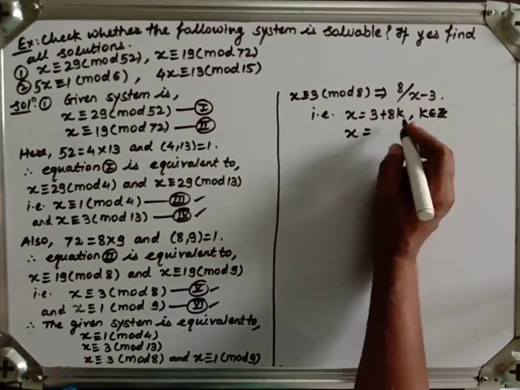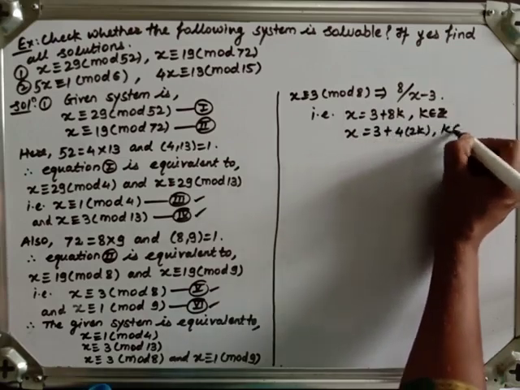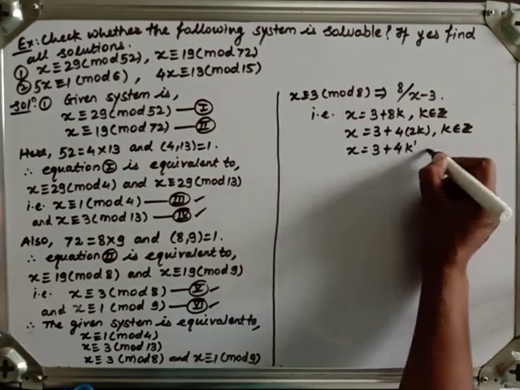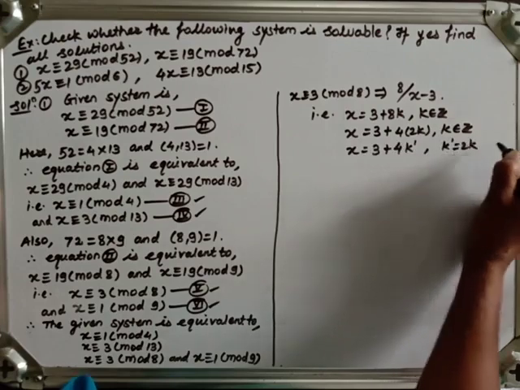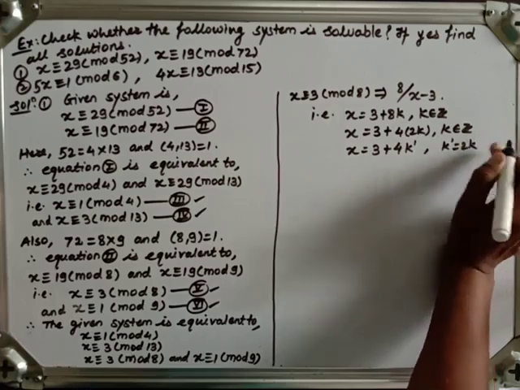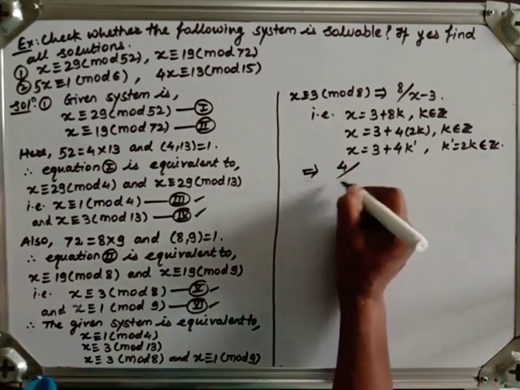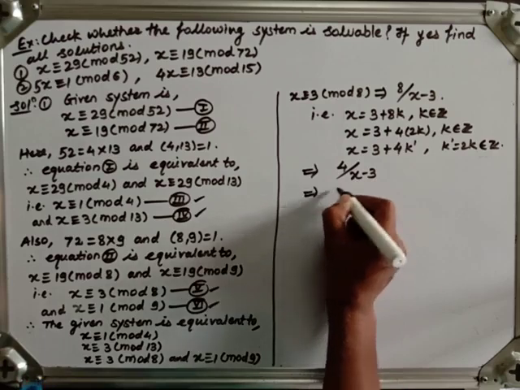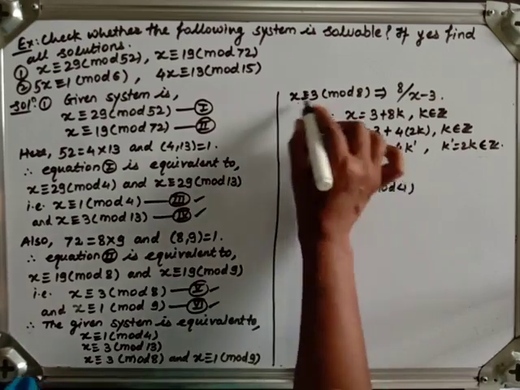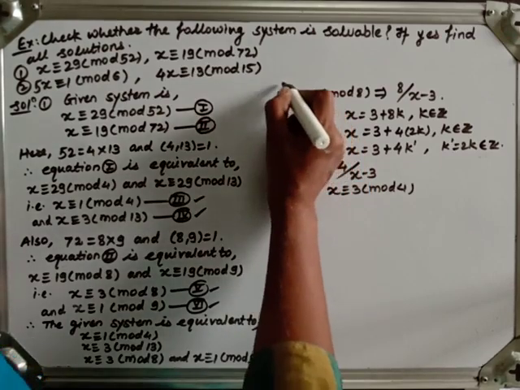That is x equal to 3 plus 4 into 2k, that is x equal to 3 plus 4k', where k' is an even multiple of k, which also belongs to the set of integers. So this gives 4 divides x minus 3, that is x congruent to 3 modulo 4.